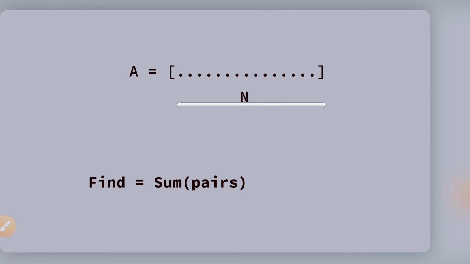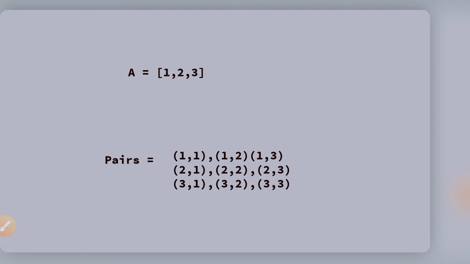Now third example, guys, the sum of pairs. Sum of pairs means like this: assume an array with elements 1, 2 and 3. Then the pairs will be 1,1; 1,2; 1,3; 2,1; 2,2; 2,3; 3,1; 3,2; 3,3. That means if we have an array of size 3, then the number of pairs is 9, that is 3 cross 3.